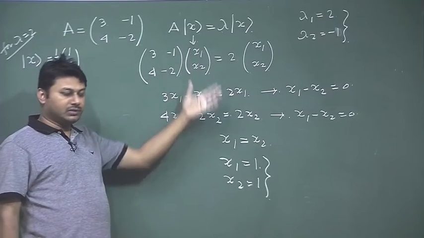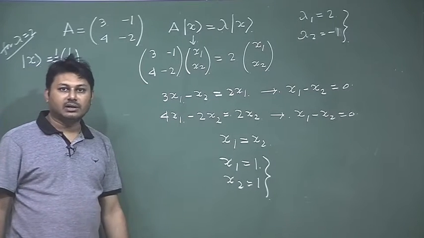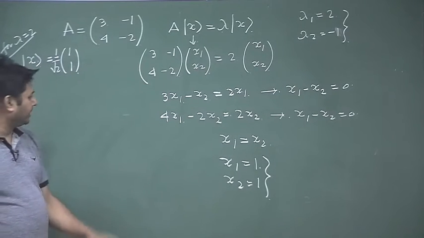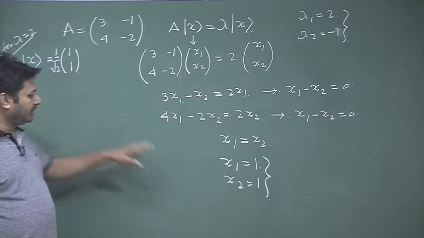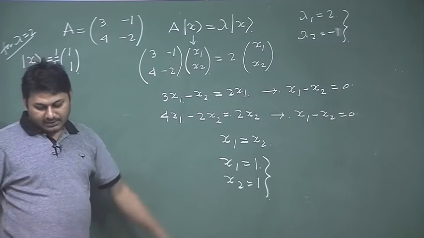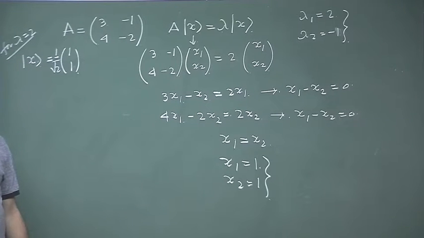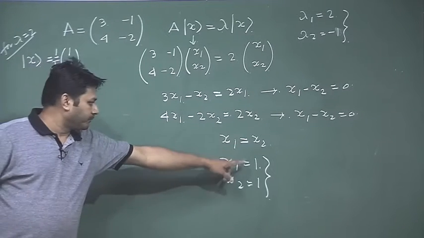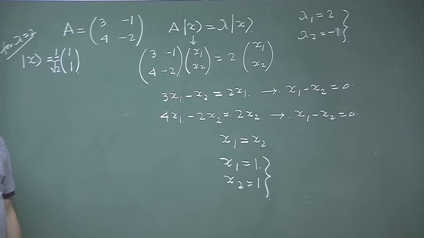So that is why you are not getting any unique relationship, but the important thing is that you are getting the relationship between the two components. And once you get that relationship, you can find out what the eigenvectors are.